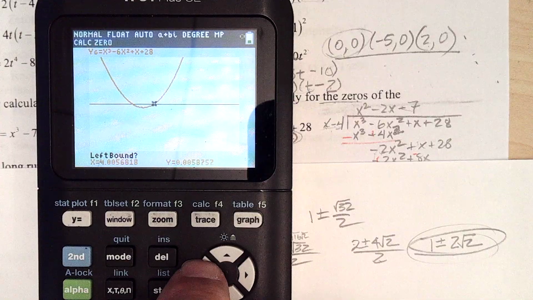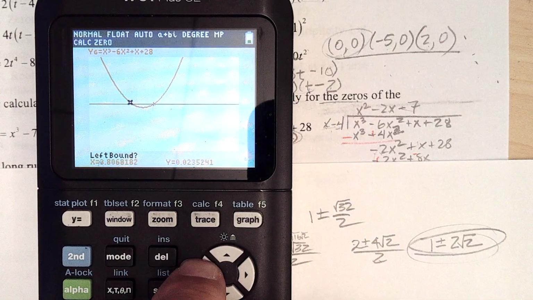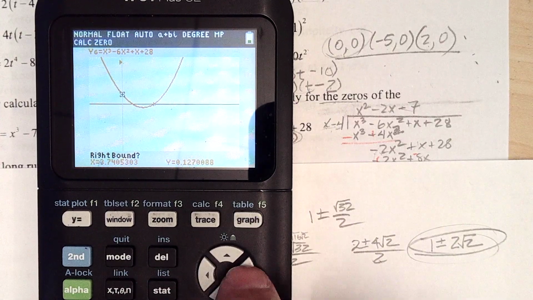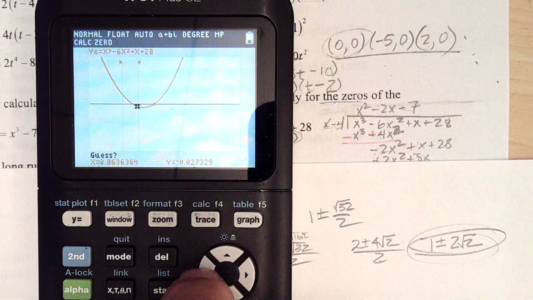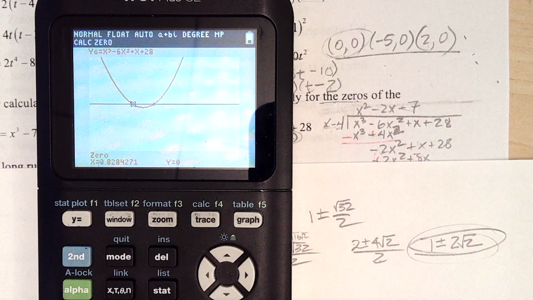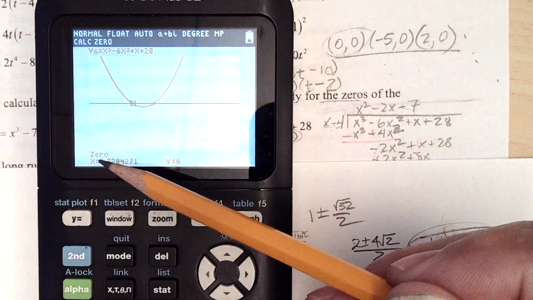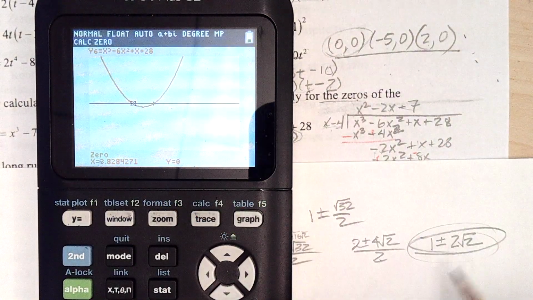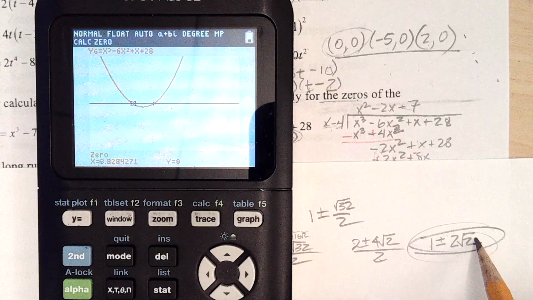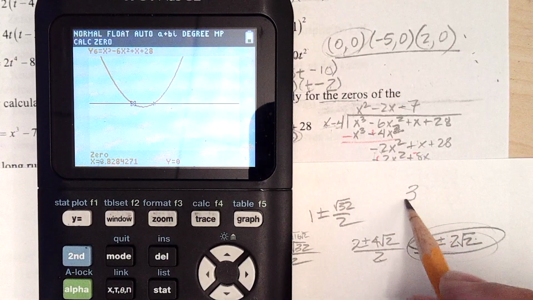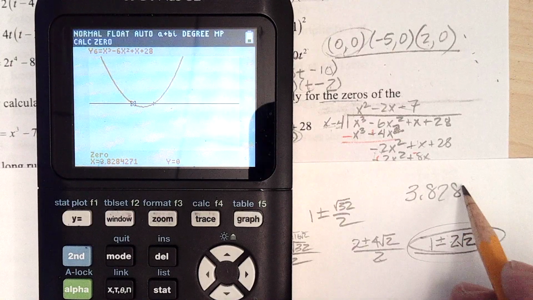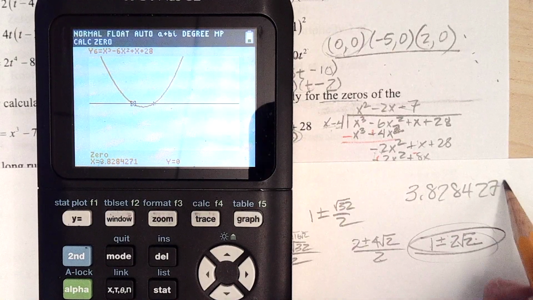I got to go to the left of it, there, and to the right of it, there, and then my guess is about there, and it says 3.828. That's one of these. 1 plus 2 square roots of 2 is the 3.8284271, blah, blah, blah, blah.